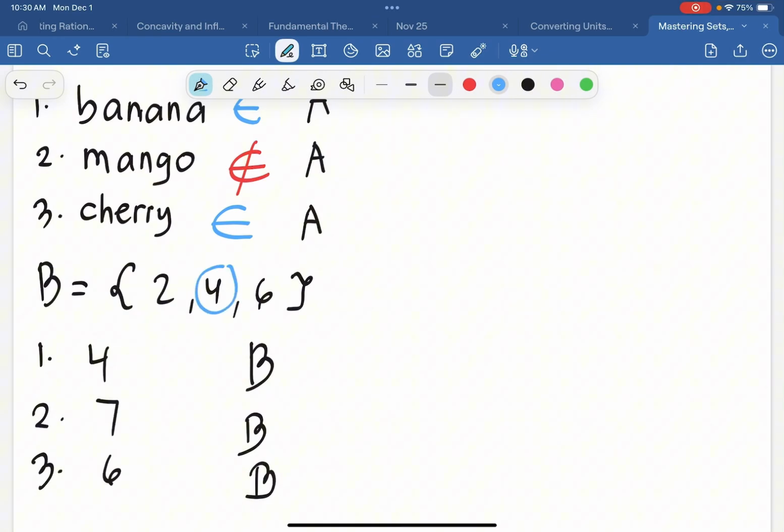Obviously 4 is here, so 4 is an element of B. And unfortunately, 7 is not an element of B, so we write this symbol. And last one, is 6 there? Yes, so 6 is an element of B.